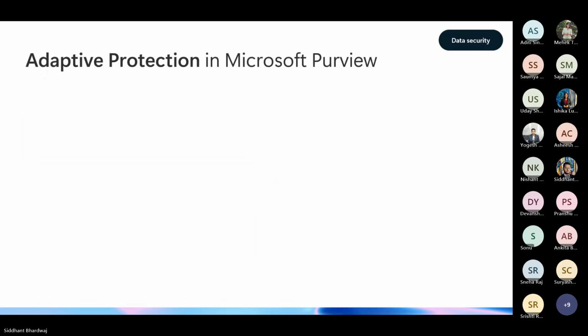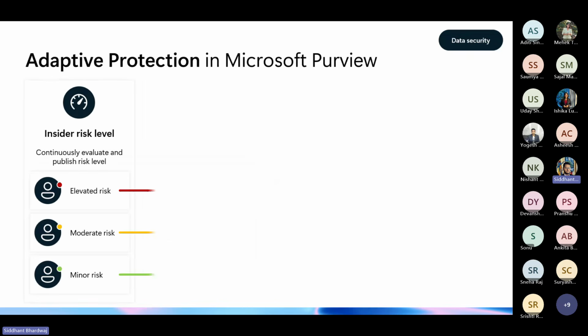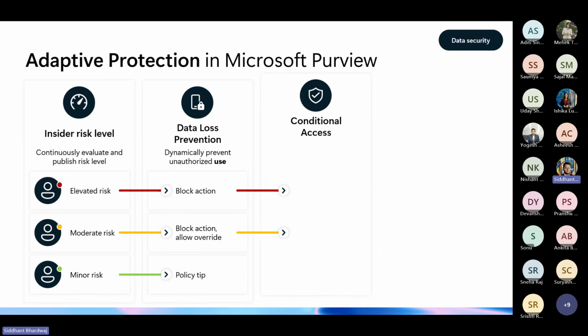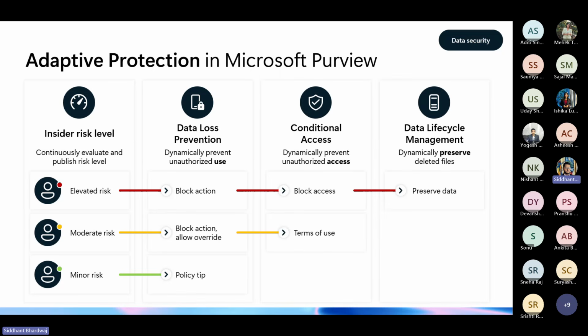Right? Now, what is adaptive protection? When we talk about so many different areas, from insider risk levels to data loss prevention to conditional access or data lifecycle management, on different levels, different utilities come out. Let's say someone with a minor risk may only receive a policy tip from the DLP.